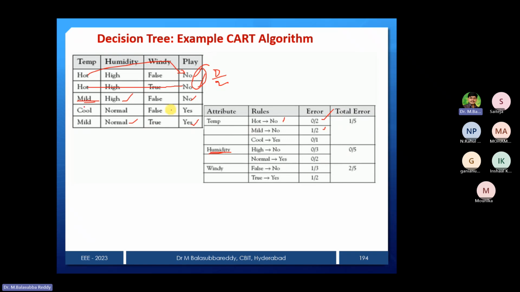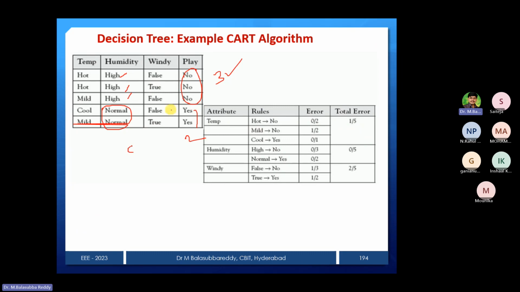And humidity, what is the humidity case? How many features? High and normal. Now you can tell. If I take high, how many? 3 predicted correctly. If I take normal as the rule, 2 will be this. That means if I take humidity is high, then 3 classified correctly, 2 classified incorrectly.